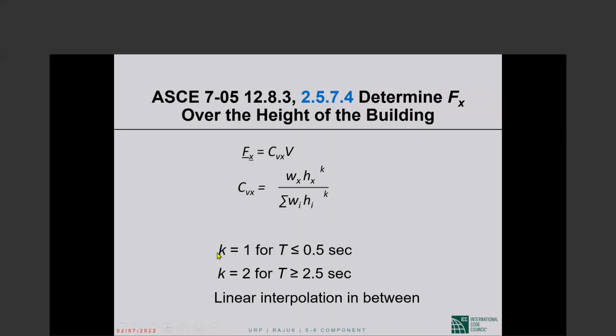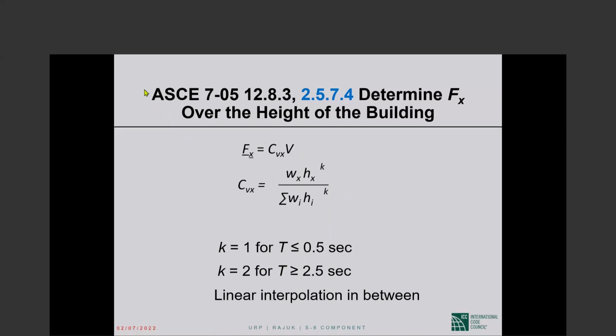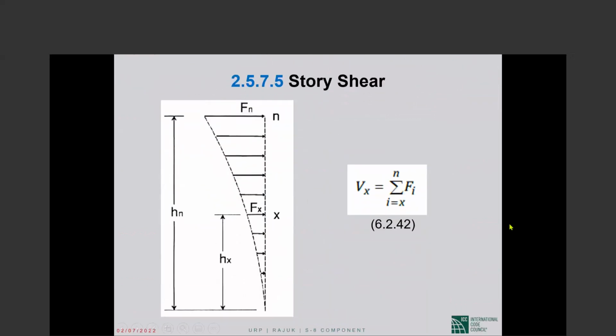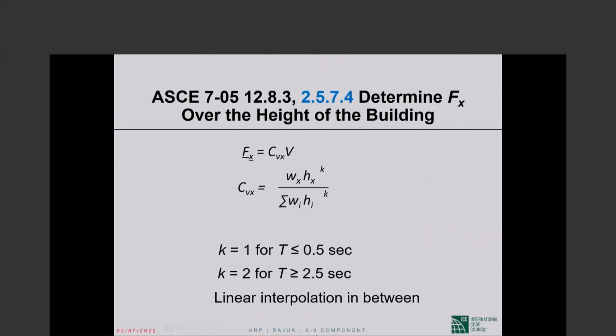K is 1 for periods up to half a second. K is 2 for periods of 2.5 seconds and above. So K of 1 is a linear distribution.